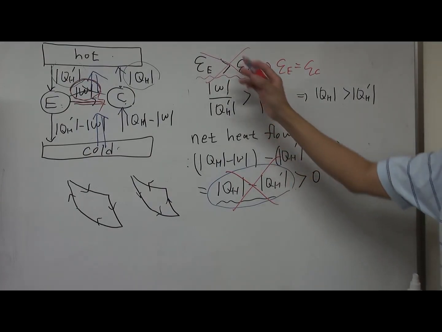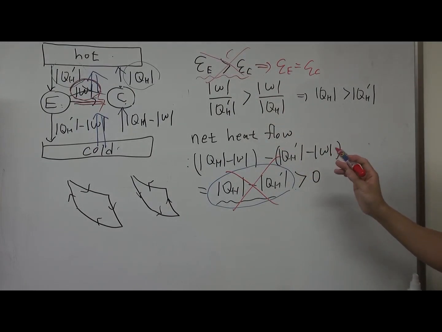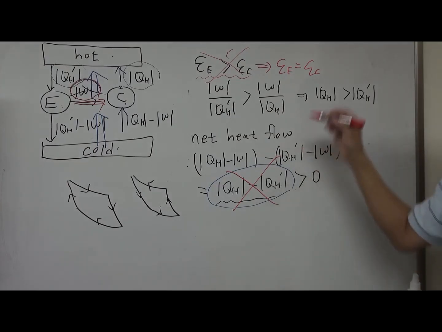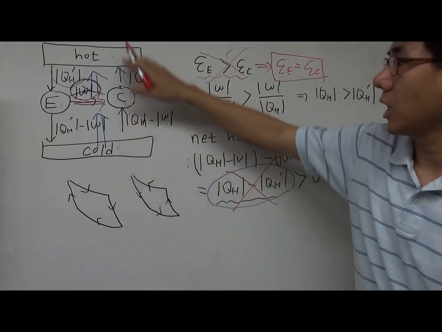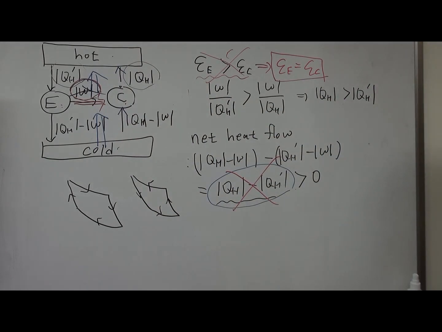We can show that the opposite is also the same, right? So as a result, what we found is that all reversible engines between the same hot and cold reservoirs have the same efficiency, which means that no matter what the substances are, it doesn't need to be a perfect gas. No matter what the substances are, the engines are basically the same. Or entropy is a state function. Okay?